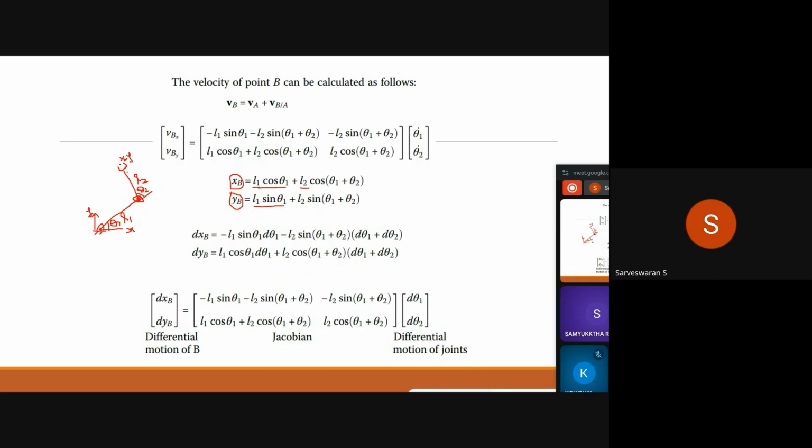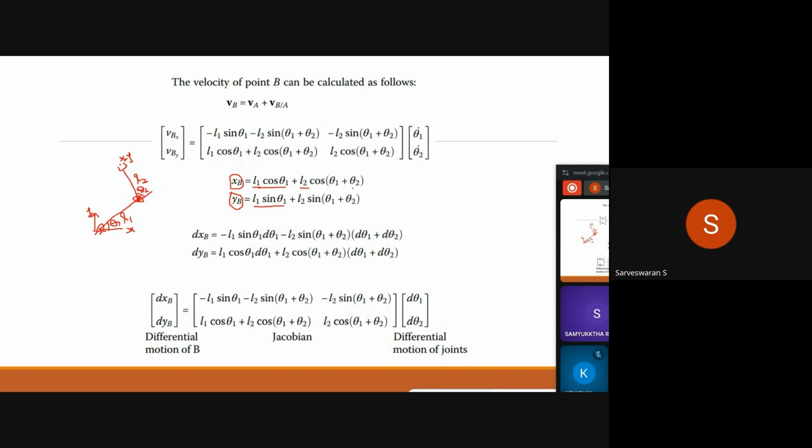But our interest is to find out my end effector position, XB and YB. For that, this is the notation which we solve using forward kinematics: L2 cos of theta 1 plus theta 2.